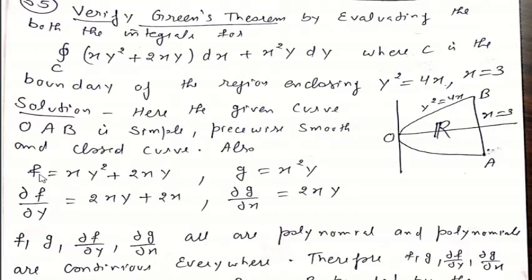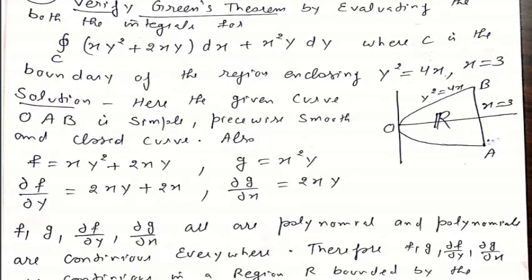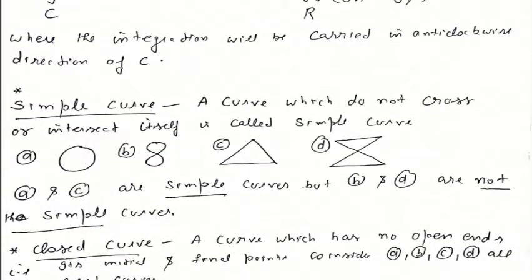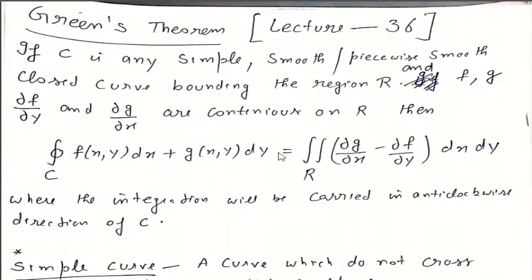Also the values of f and g which are given to us and their partial derivatives all are polynomials, and we know that all polynomials are continuous everywhere, so they will be continuous within this region R. So all the conditions of Green's theorem are satisfied. So now we have to verify whether this line integral is equal to that surface integral or not.